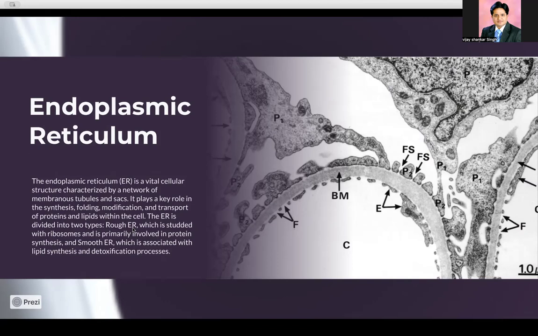The rough ER is studded with ribosomes and is primarily involved in protein synthesis. So remember the function of the rough endoplasmic reticulum: protein synthesis, whereas the smooth endoplasmic reticulum is associated with lipid synthesis and the detoxification process.